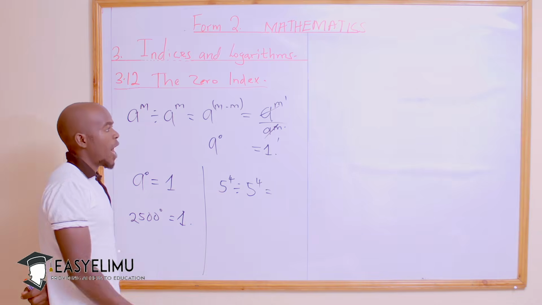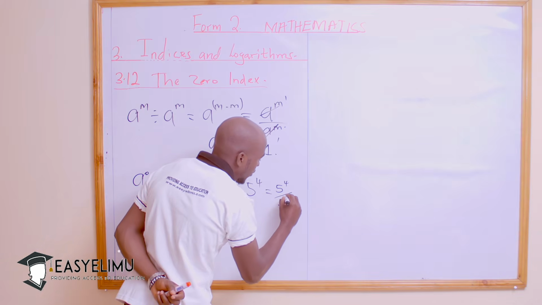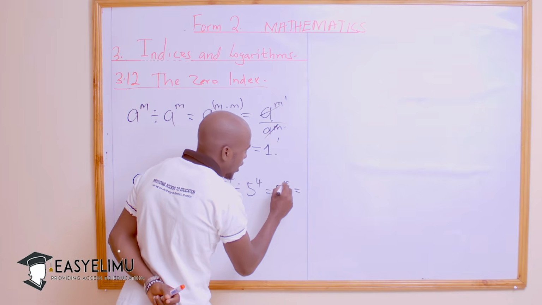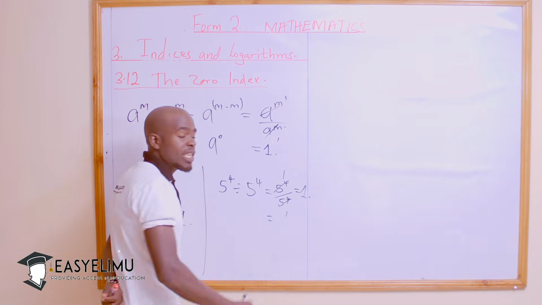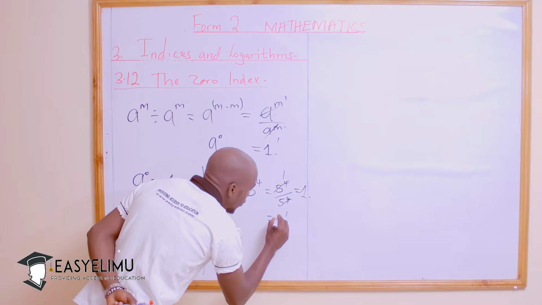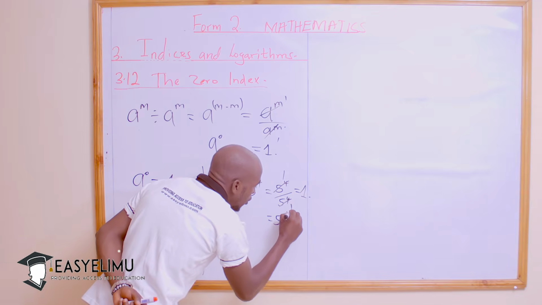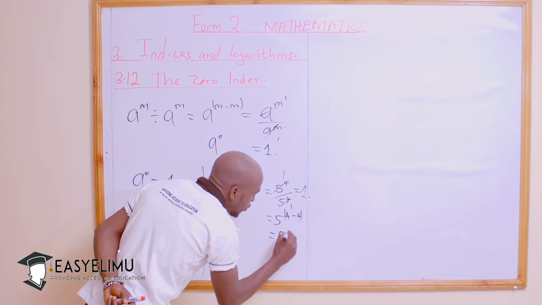You will end up having 5 raised to 4 over 5 raised to 4, and this will give you 1. Or if you do it using the law of indices, you will find this gives you 5 raised to 4 minus 4, which is 5 raised to 0.